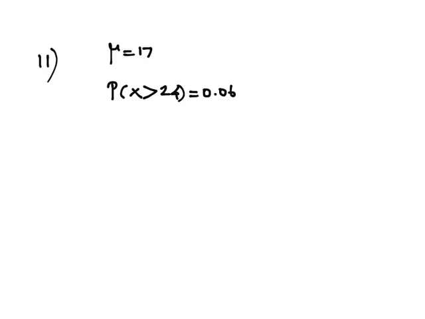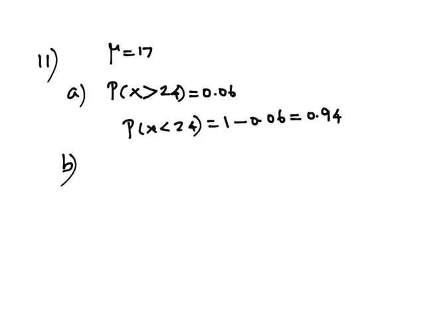The first question is, find the probability that the tree selected has a height less than 24. That means P of x less than 24, which is nothing but 1 minus 0.06, so 0.94. Okay, this is subdivision A. Now subdivision B is, the probability that the tree has a height less than d meters is 0.06.